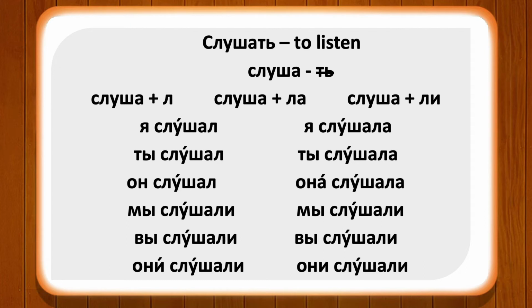On slushal, he listened or he was listening. Ana slushala, she listened or she was listening. Mui slushali, we were listening. Vui slushali, you were listening. Ani slushali, they were listening.